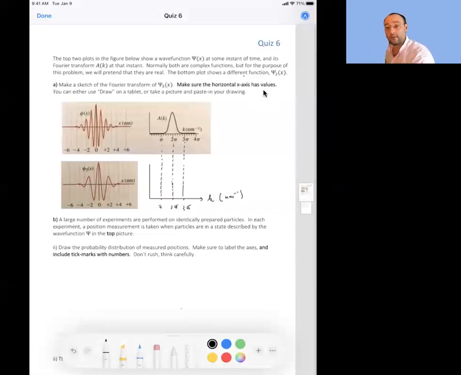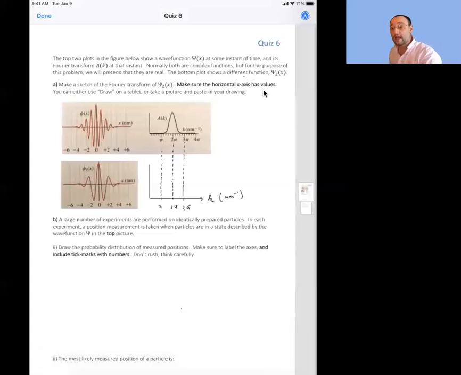The dominant k, the dominant wave number, is the center of the Fourier transform, the peak of the Fourier transform. And since the dominant wavelength is twice as big, the dominant k is twice as small. So the peak of the Fourier transform will be not at 2 pi per nanometer, but at pi per nanometer. So it will be centered right here.